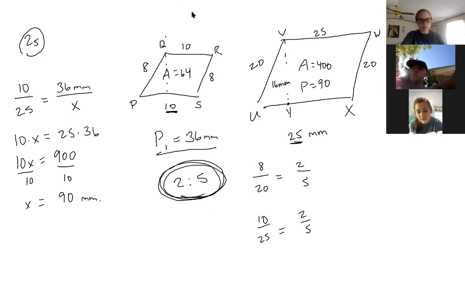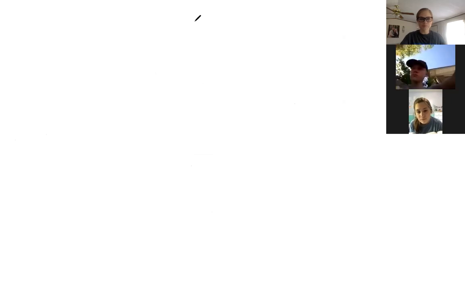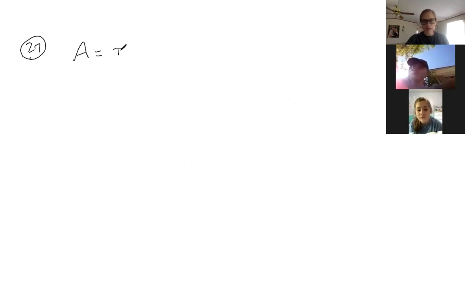All right, let's look at number 27. Doubling the radius of a circle has what effect on the area? Okay, so we're dealing with area. So the area of a circle is pi r squared, correct? Now it's telling me double that radius.